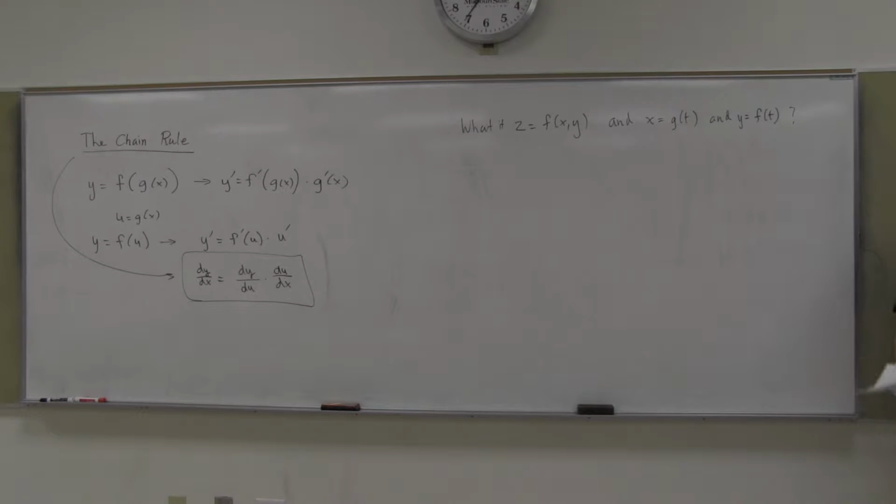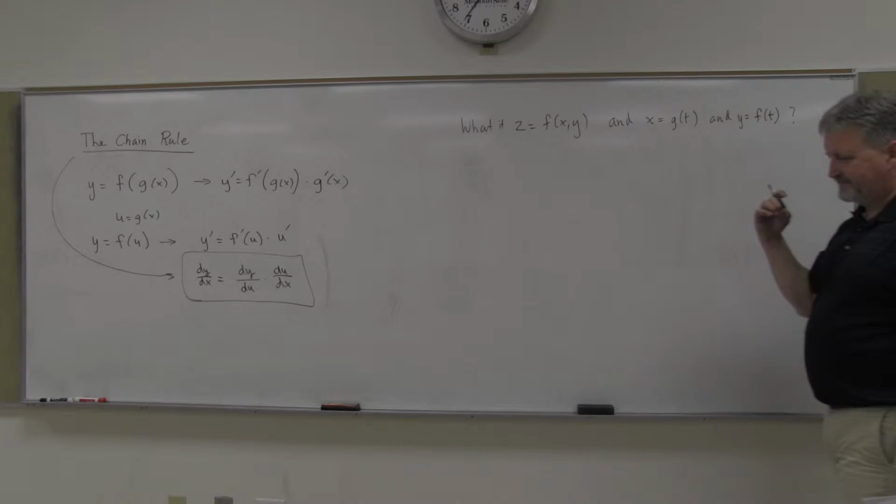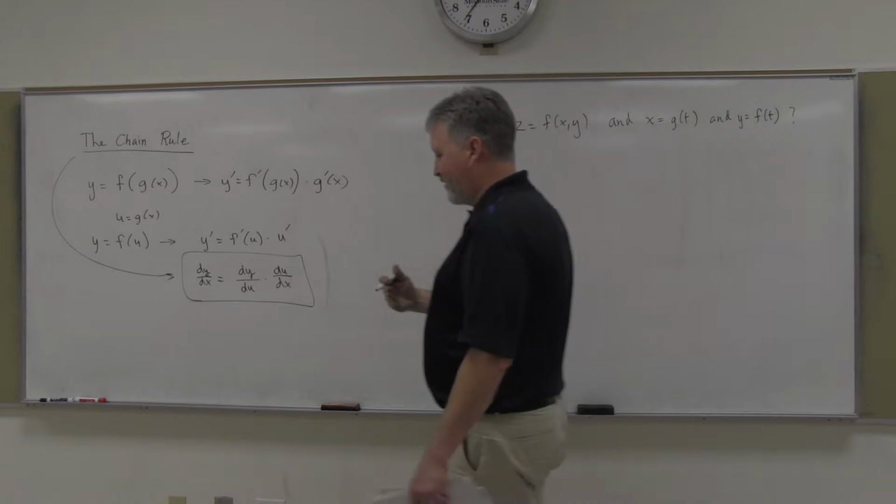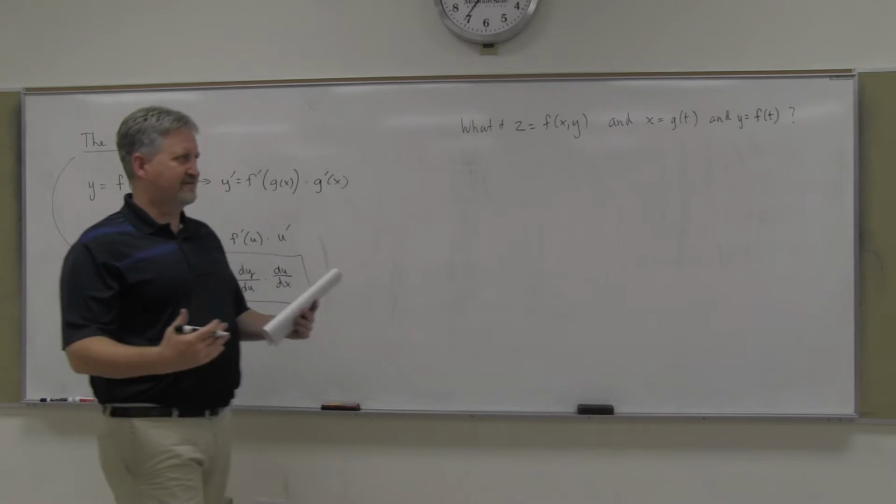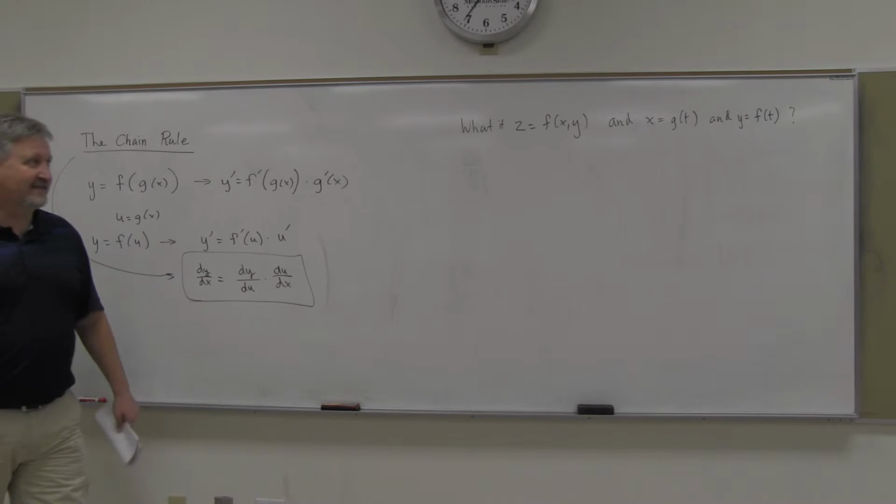So what if that is the case? We've got z as a function of two variables, and then x and y themselves are functions of a different variable, call it t.